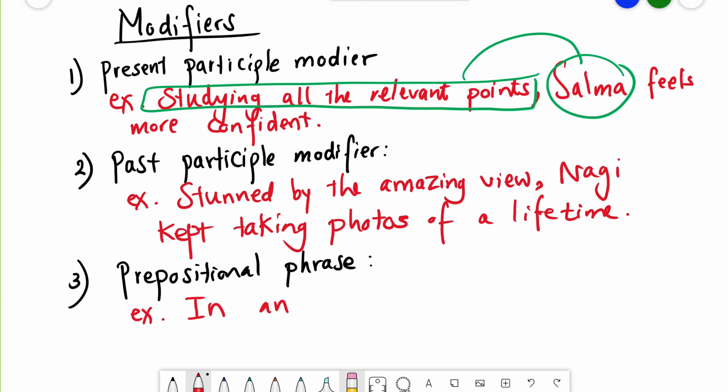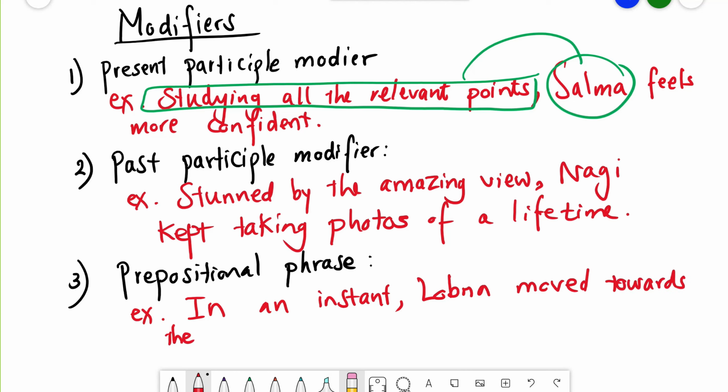In an instant, Lubna moved towards the backyard gate. Okay, but this is number 3. Till here is fair enough.